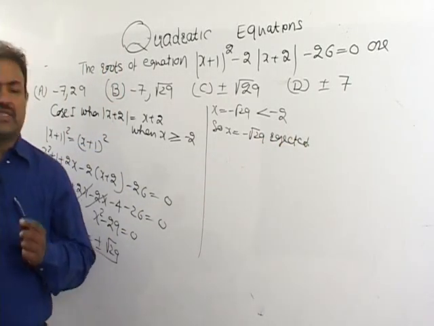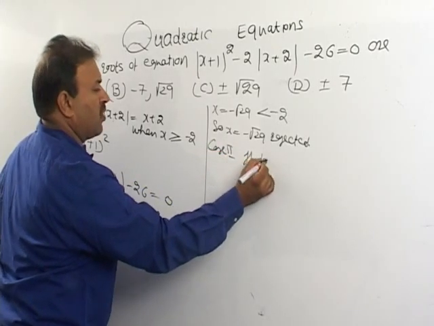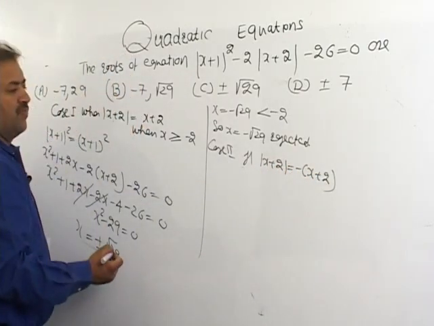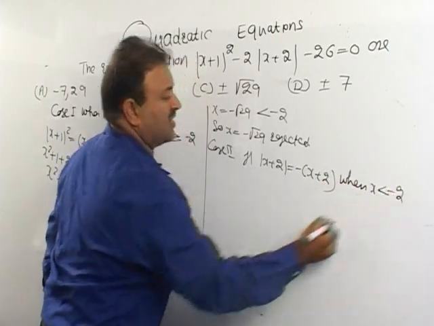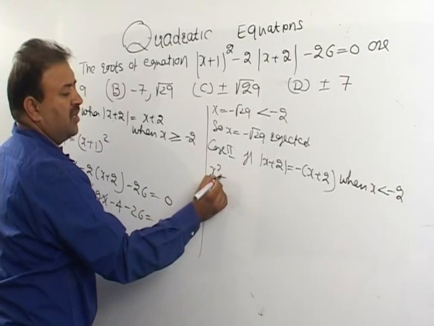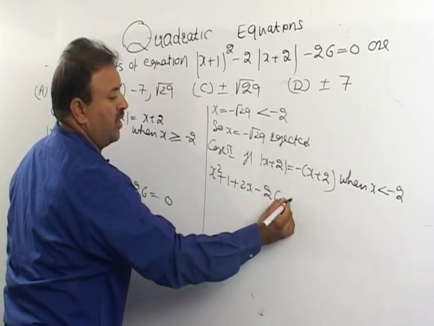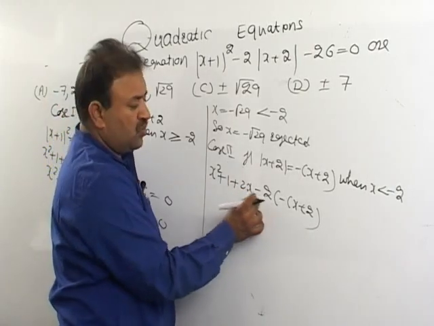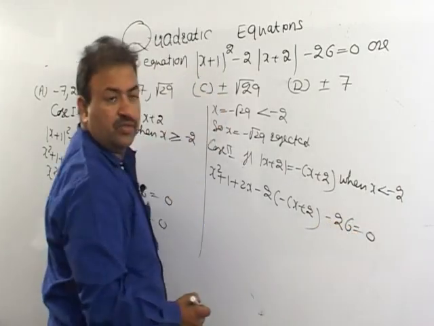We'll take up case number 2. Case 2, if modulus of x plus 2 is minus of (x plus 2), when x is less than minus 2, our equation will reduce to x square plus 1 plus 2x minus 2 into minus of (x plus 2) minus 26 is equal to 0.